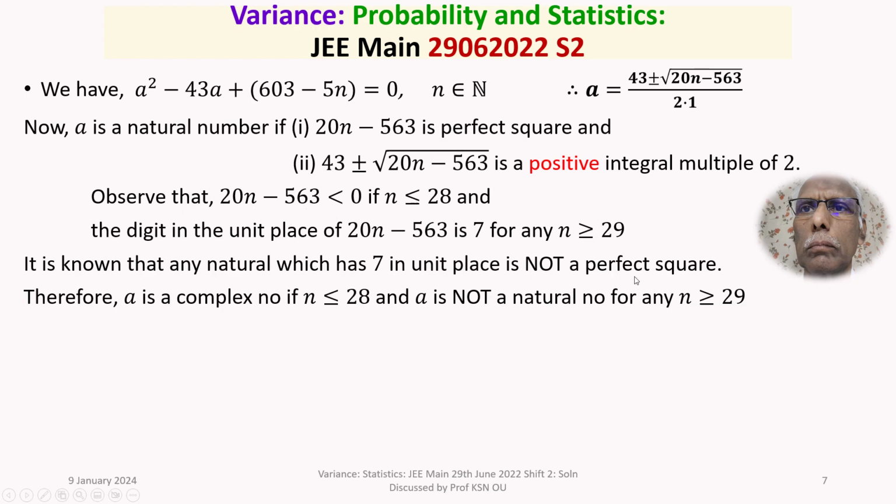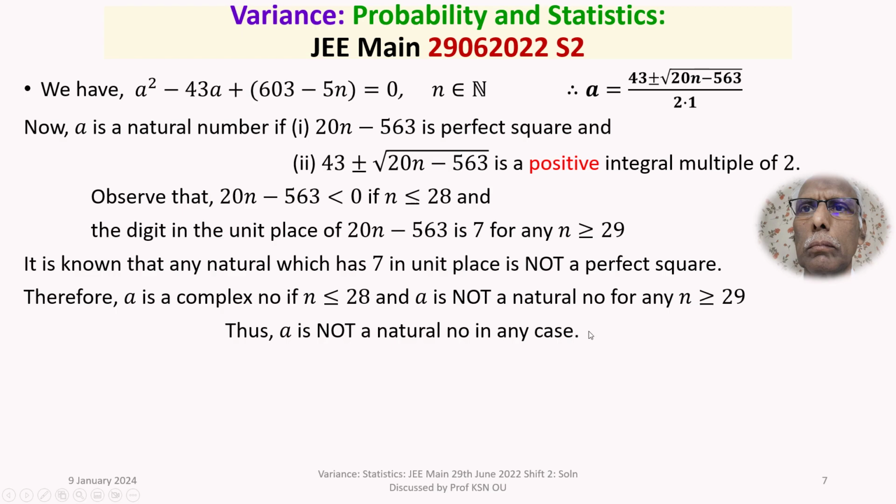Therefore, it cannot be a perfect square, and therefore A is not a natural number. It may be a rational number, or maybe an irrational number, but in any case, A is not a natural number for any n greater than or equal to 29. Thus A is not a natural number in any case.